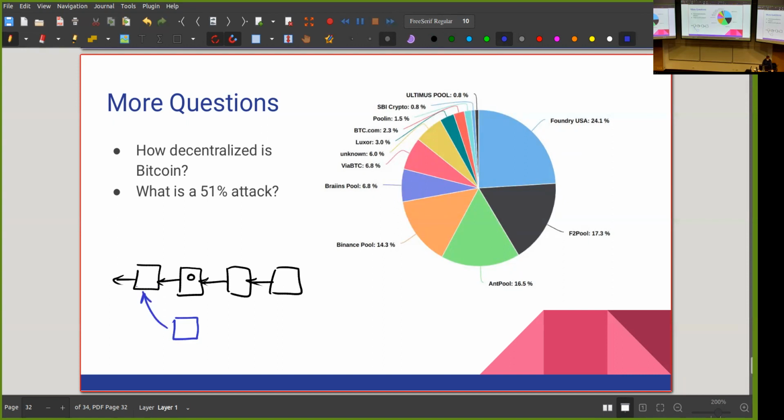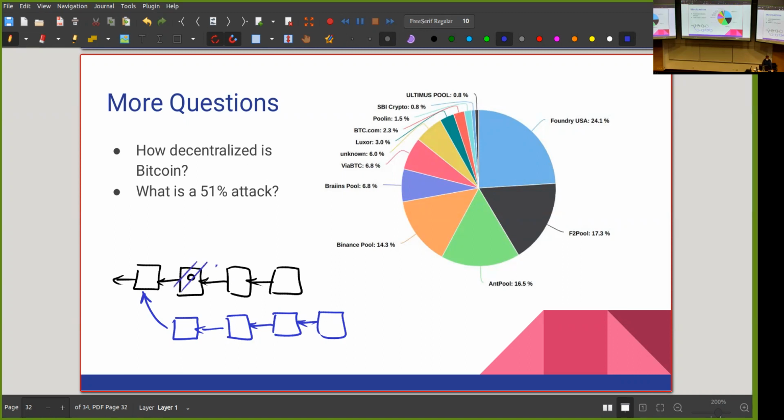But this wouldn't work just like this, because we said that the longest chain is the consensus chain. So I just keep working here and I just keep adding more blocks. And I do this until my fraudulent new fork becomes longer than the other consensus chain. And now I've basically forked the blockchain, I've rewritten the history, and I've changed all the transactions that were there.